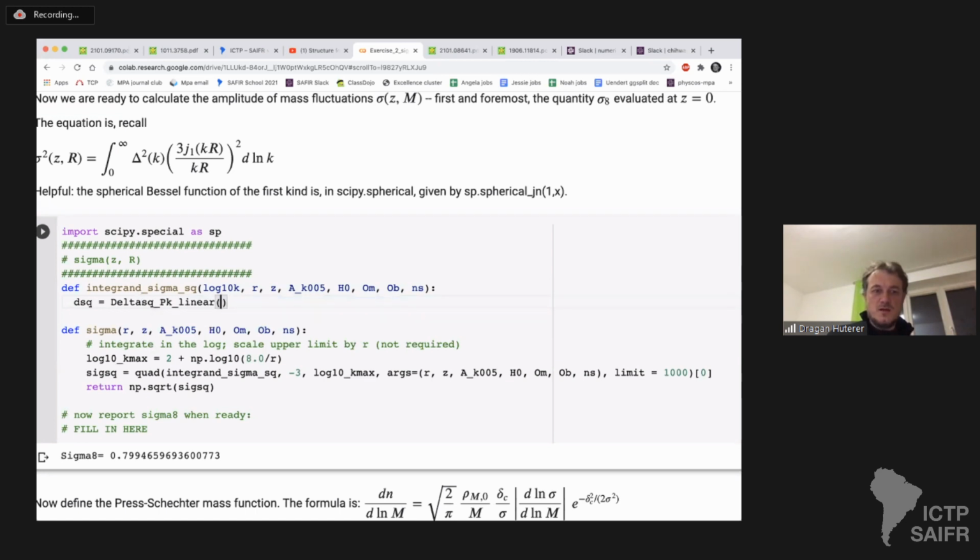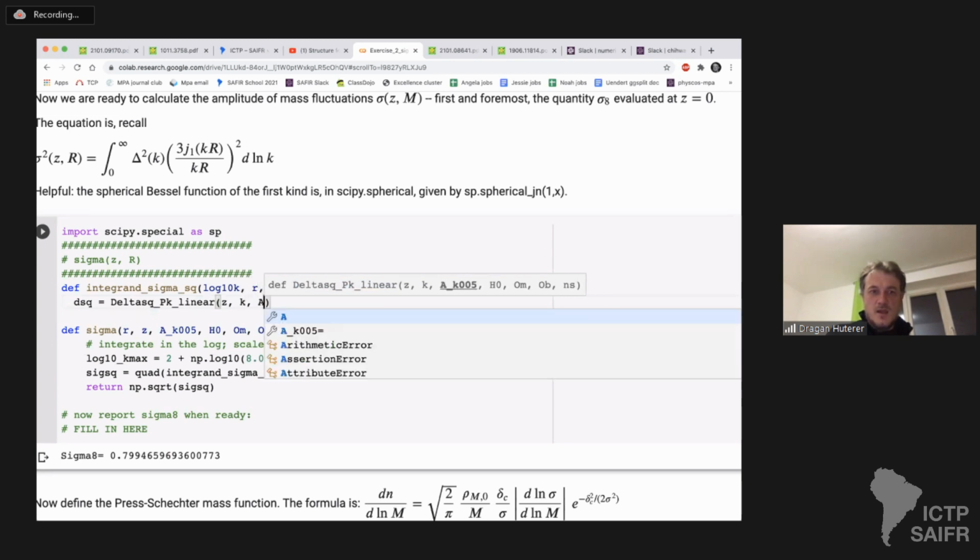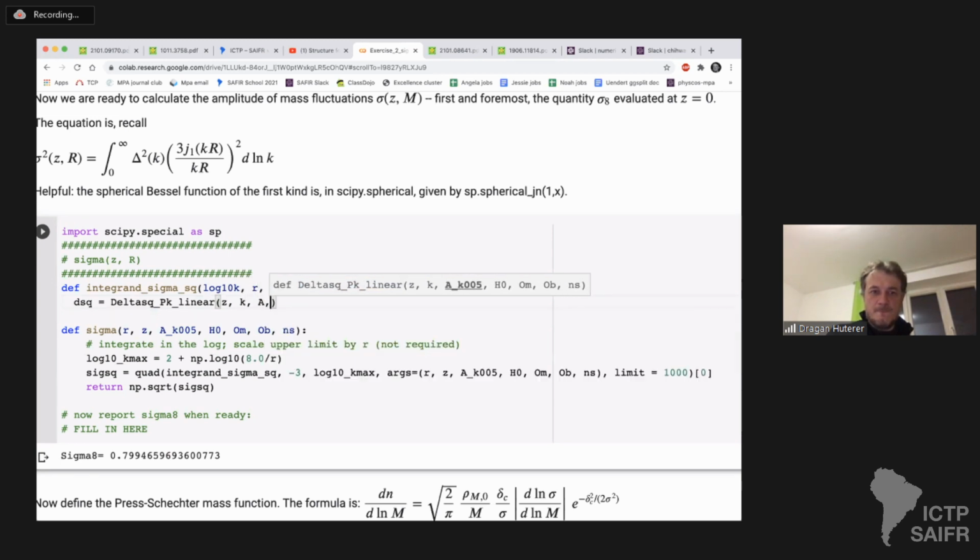Delta squared equals linear of, and then all of these arguments: z, k, a, H naught, omega matter, omega B, and n_s. So it is a, k at 0.05.